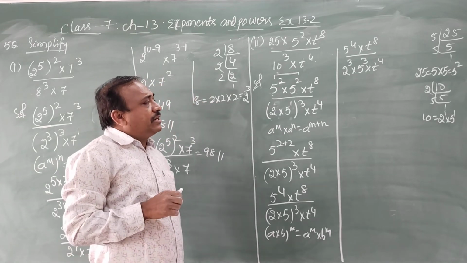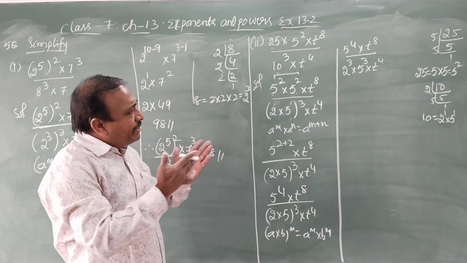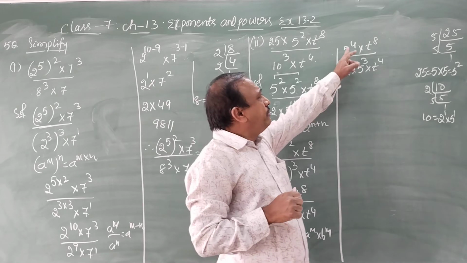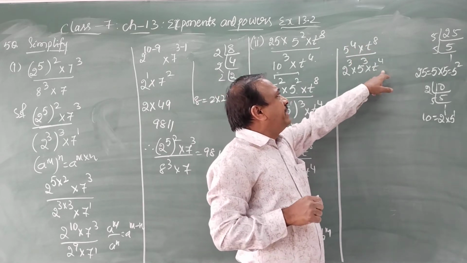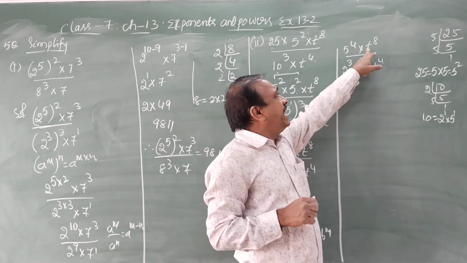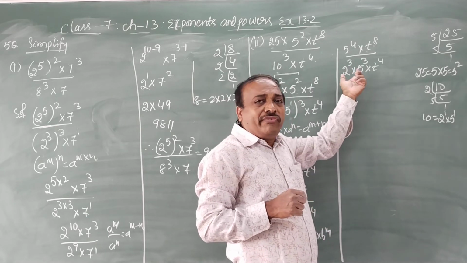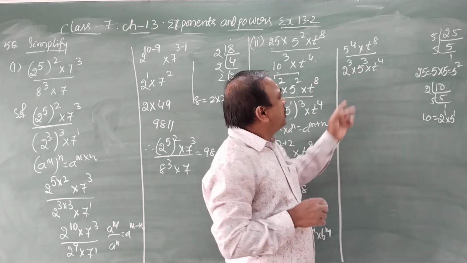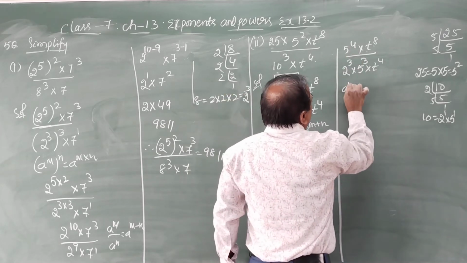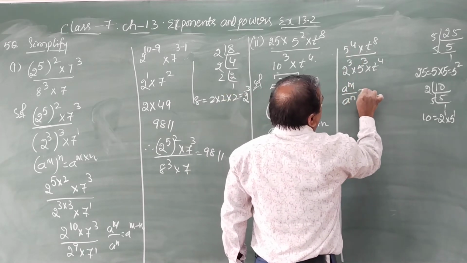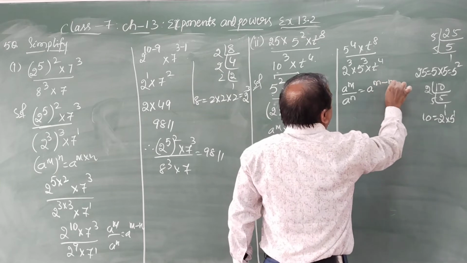Now observe it. We have the numerator and denominator with the same bases, a to the power m by a to the power n. But 2 to the power 3 is alone, so we write it as it is. a to the power m by a to the power n is equal to a to the power m minus n.